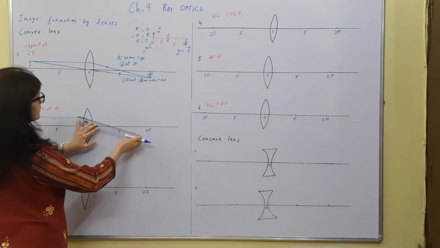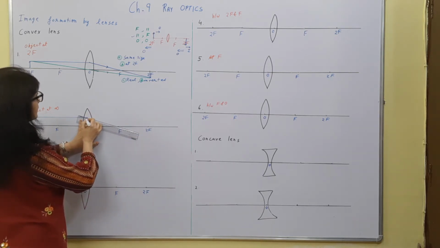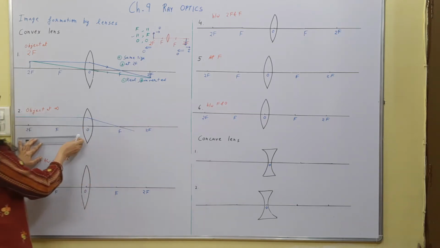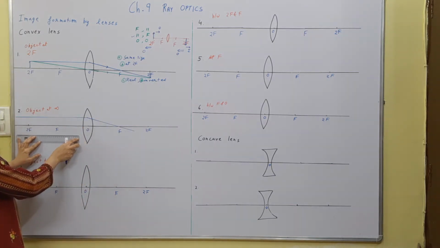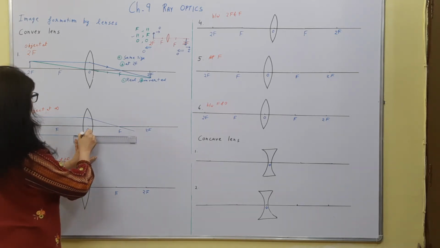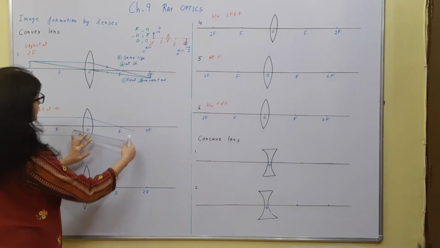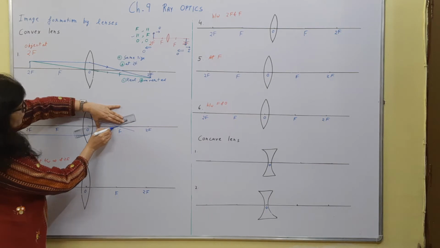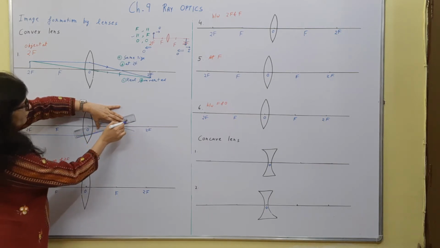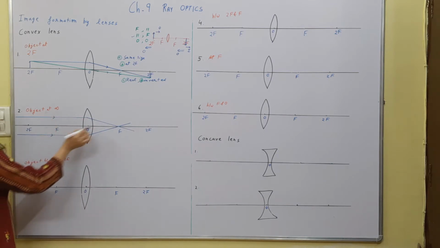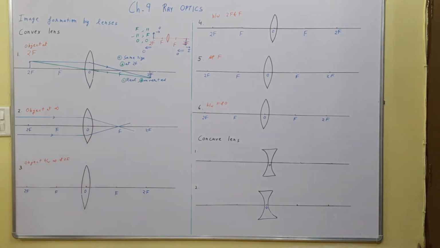So that means this ray will pass through here, and second ray also we will take parallel to the principal axis. This will also pass through focus. So this is the second case.